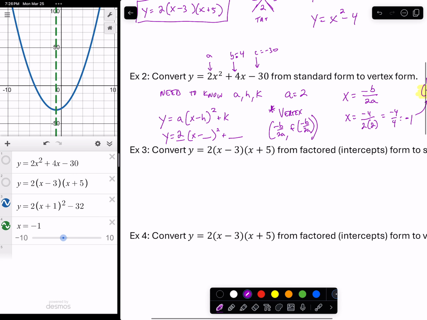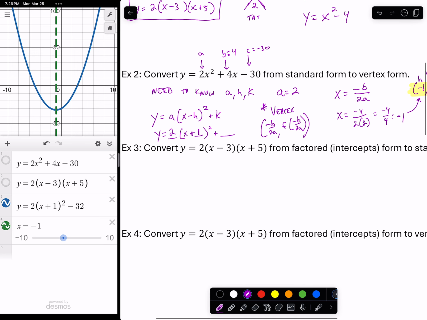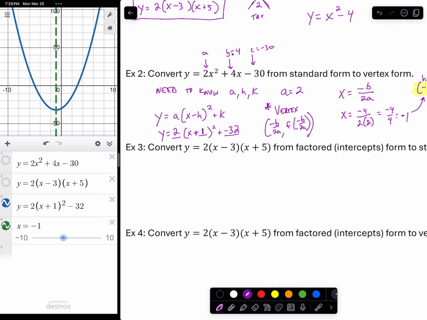So h is negative 1. So minus a negative 1, I can write it as a plus 1, right? And then minus 32 plus a negative 32. So that will turn into, this part right here will turn into minus 32. And that would be your vertex form.